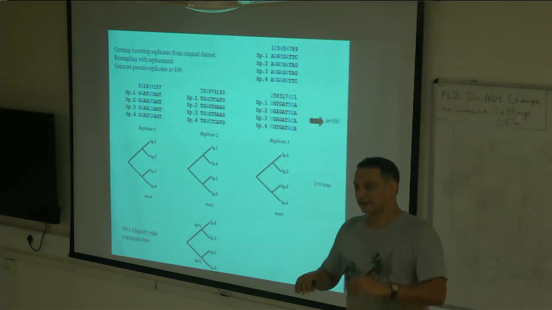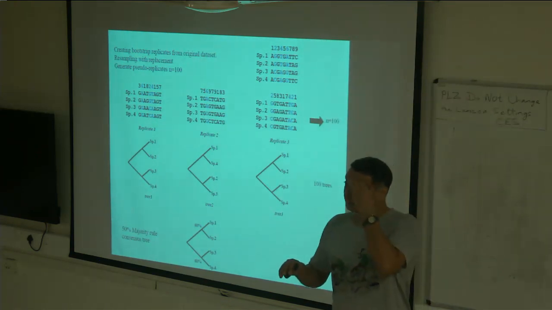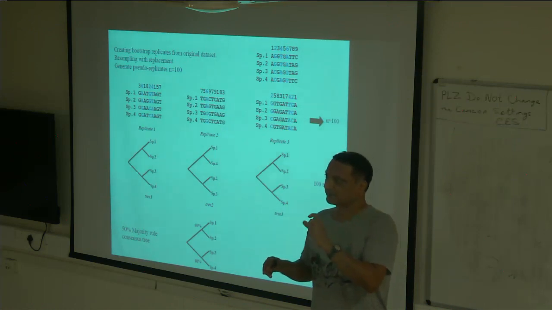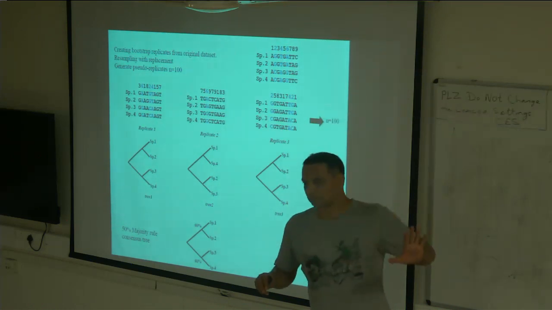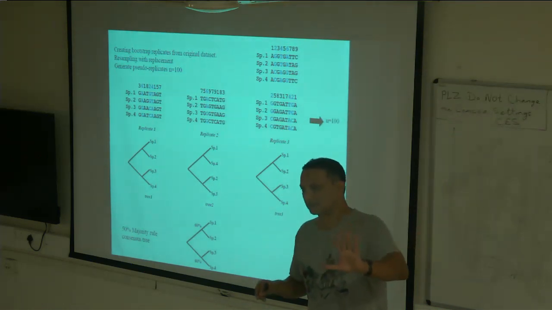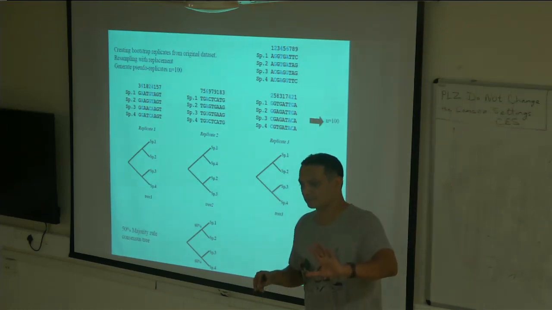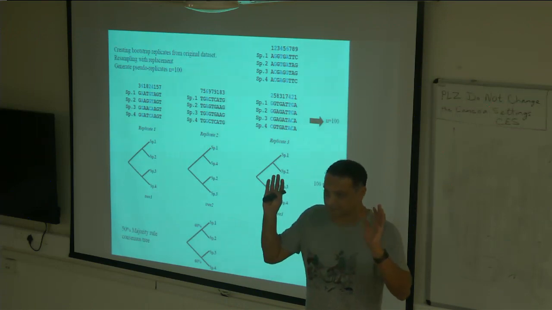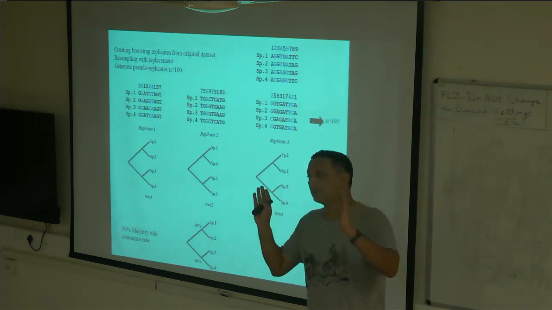The other way, and in fact, I think MEGA sometimes has these options, is that it does not first search for the most likely tree, the tree with the highest maximum likelihood. It immediately starts bootstrapping, right?